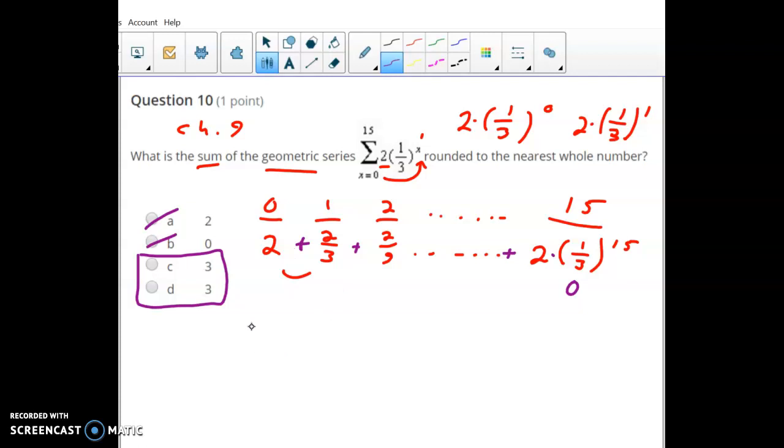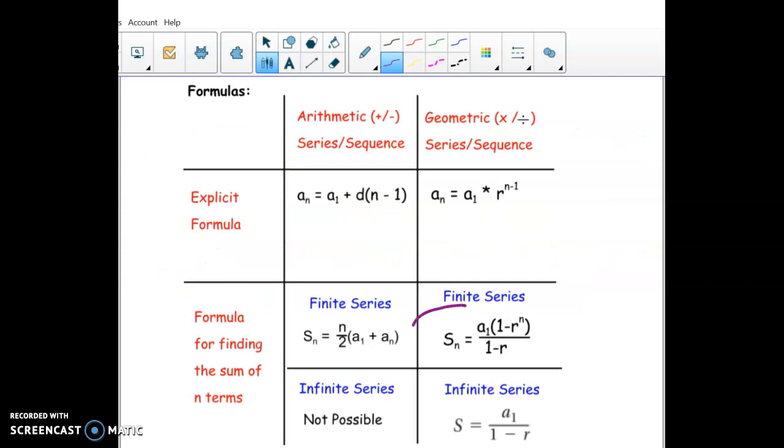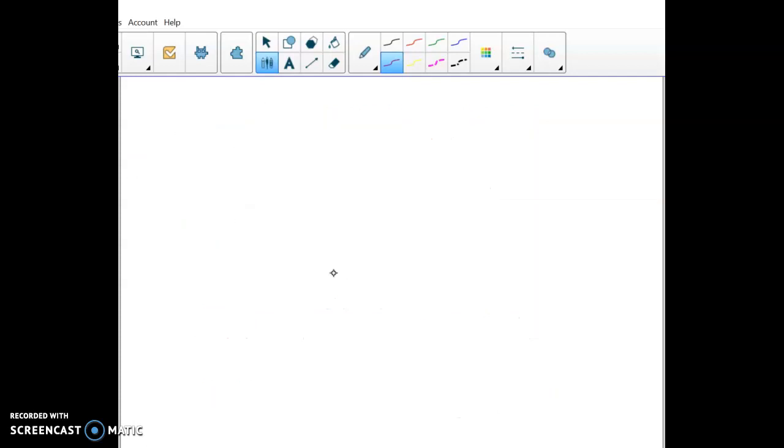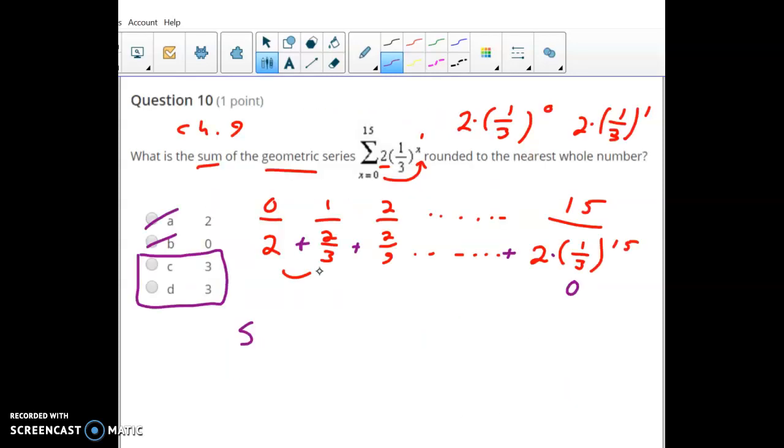If you want to do the full formula, if you look for a finite geometric, it's this formula right here. So we have A1, so the sum is A1. A1 is tricky. This would seem like it would be A1 to me, but A1 is actually the first thing in your sum.